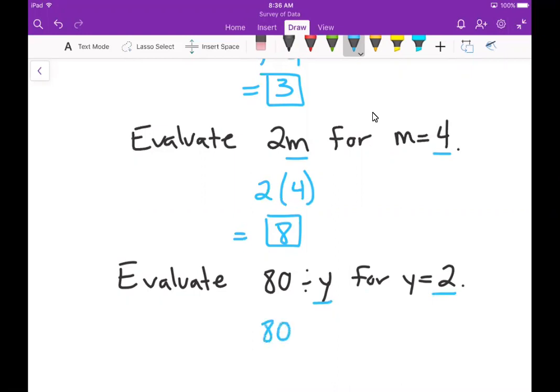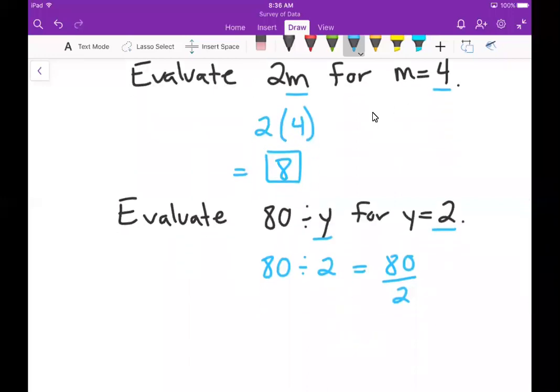So we have 80 divided by 2. Another way we often see division, if this makes a little more sense when you're trying to calculate this, is 80 divided by 2, like that, either way. Either way you look at it, 80 divided by 2 is 40. And so we have now evaluated that expression with division to be 40.